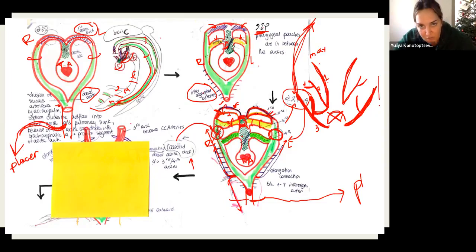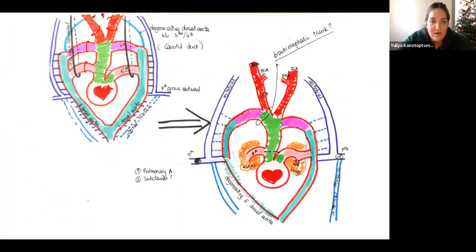And this part of the aortic sac is the future pulmonary. By the time 6 aortic arches appear, they do not come from the aortic part of the aortic sac. They come from the pulmonary part.